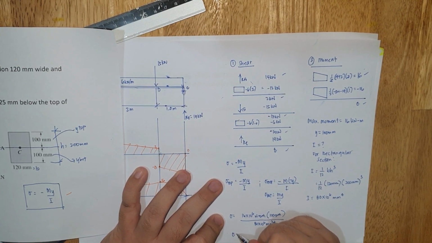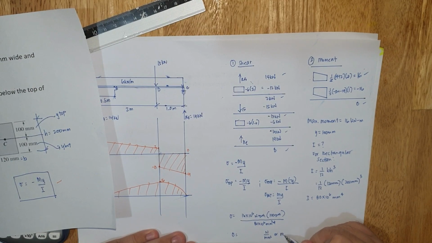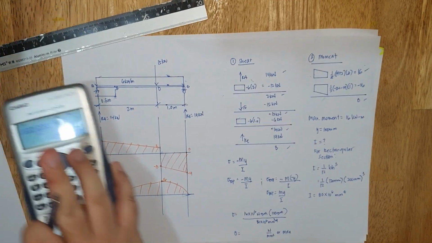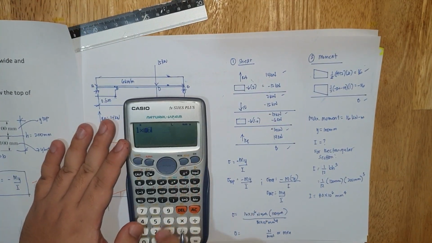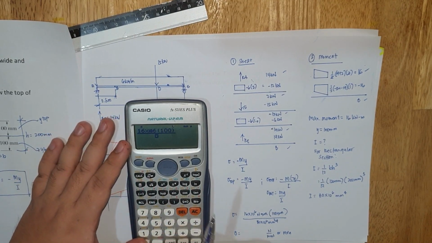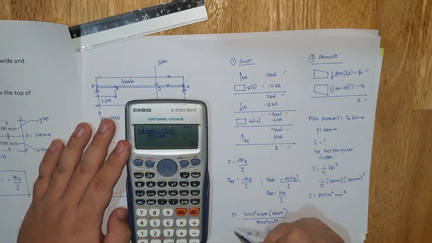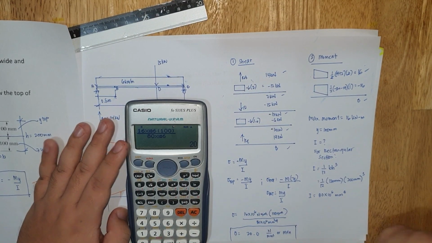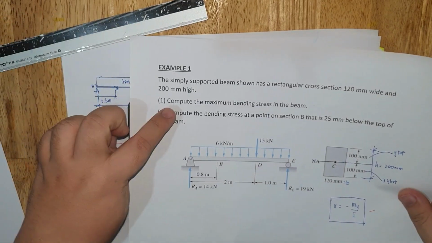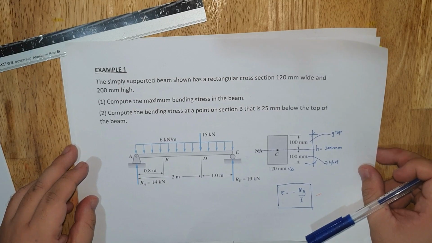So yung matitirang value dito is in Newton per mm squared or MPa. So input natin 16, 80 times 6. So 20.0. Ito yung sagot sa number 1, no? Compute the maximum bending stress in the beam.